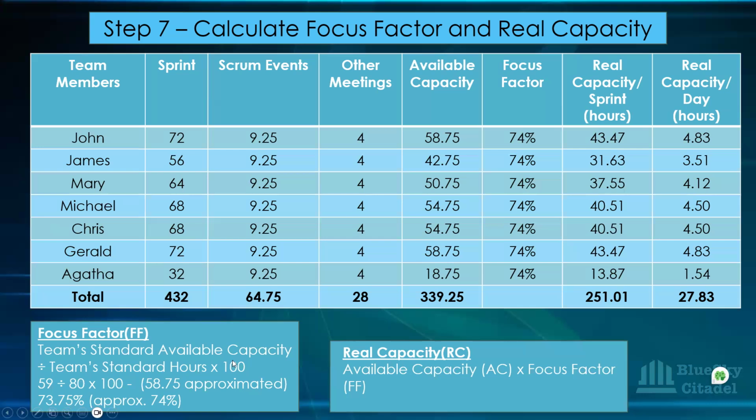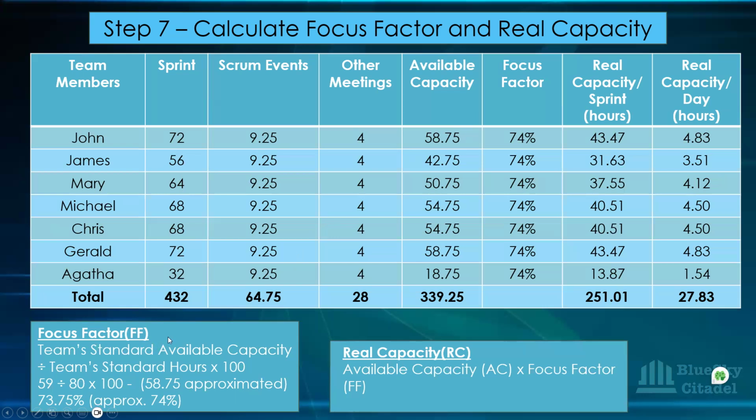The available capacity would have been 80 here, minus this 9.25 and 4. I'll show you a chart where there was no bank holiday so that you can see the difference of what we're saying, okay? But for this case, because there was a bank holiday here, you have 5.75.